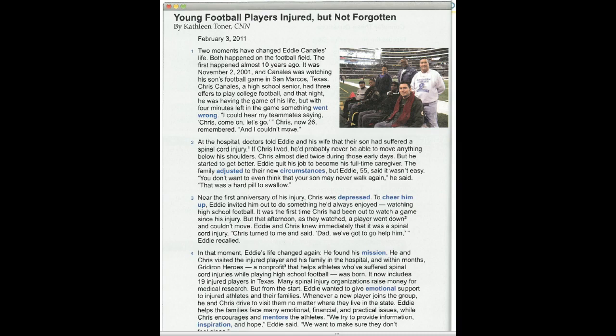Alright, so just from reading those two sentences, we know that this text is going to talk about two moments that changed Eddie's life. And here his teammates are saying, "Come on, come with us, let's go." But he couldn't move. Okay?